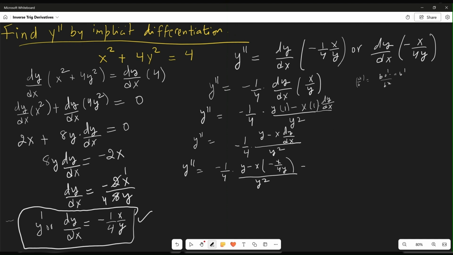Let's simplify this. So this is negative 1 over 4 times y plus x squared over 4y, all divided by y squared.